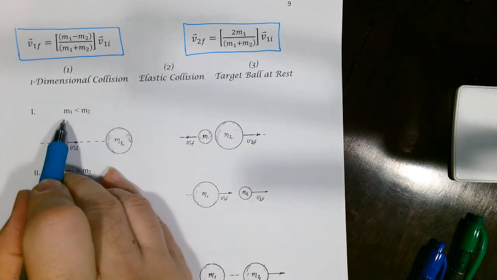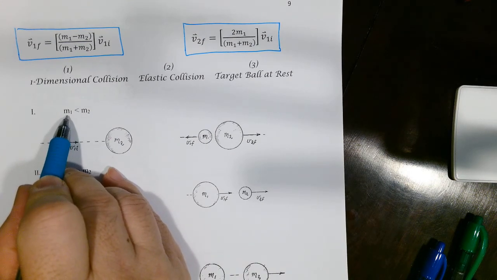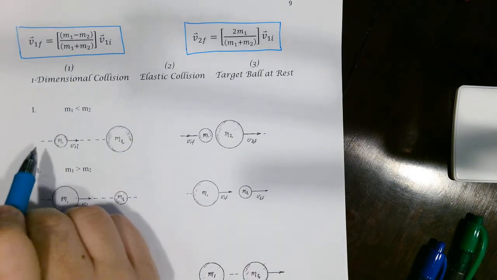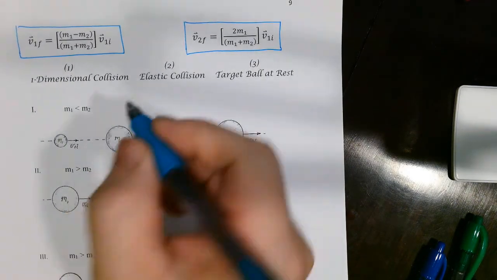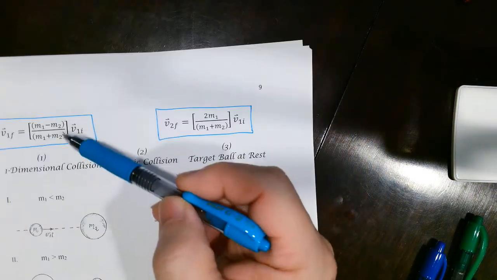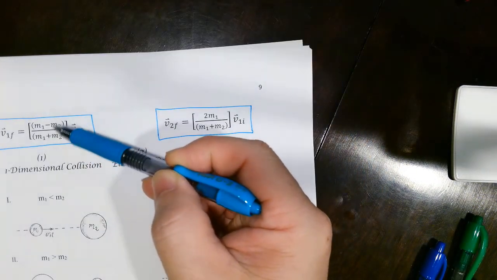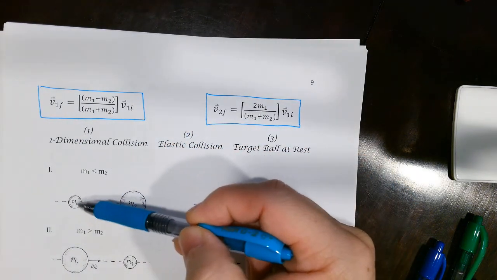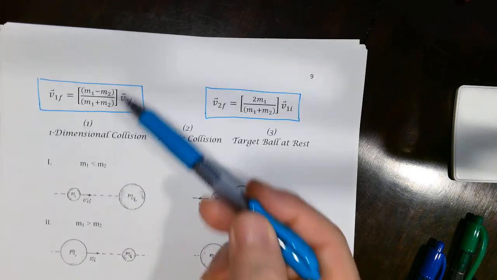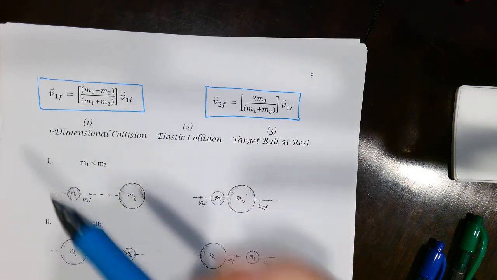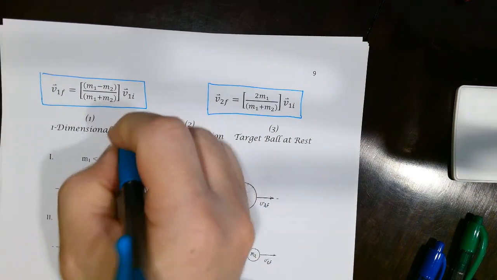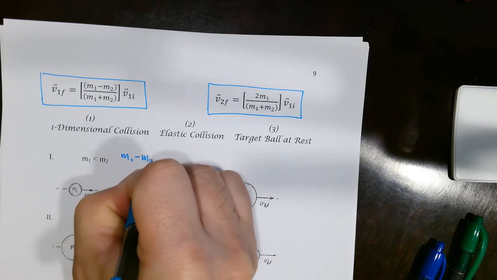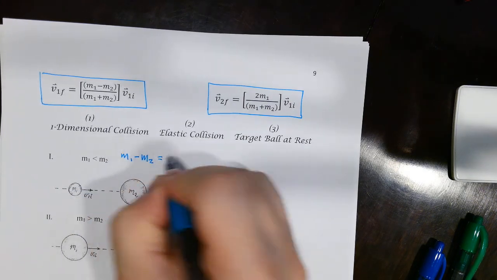If the mass of M1 is less than the mass of M2, when this comes in, here my M2 is bigger than my M1, so the final velocity of my M1 is going to be negative, right? M1 minus M2 is negative.